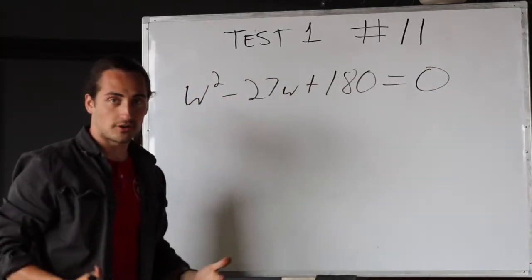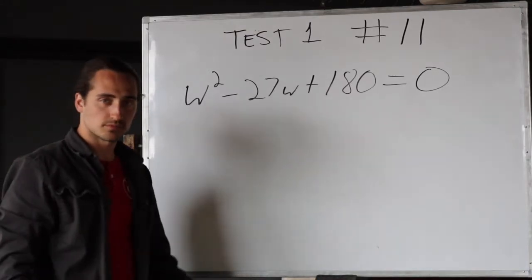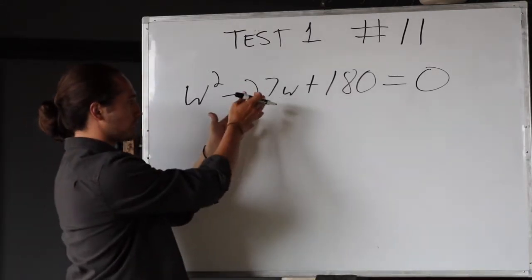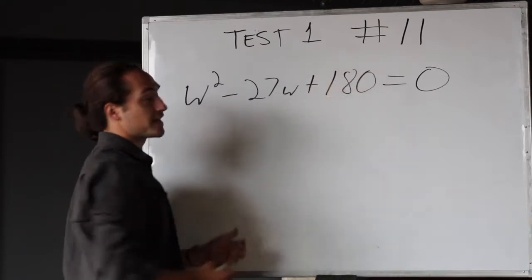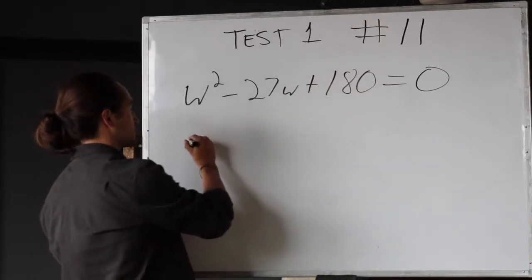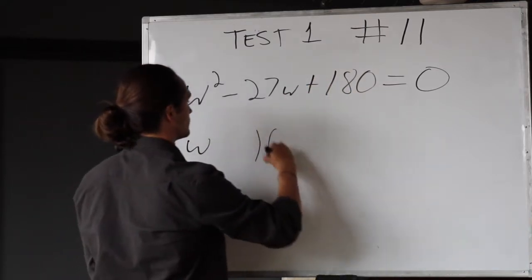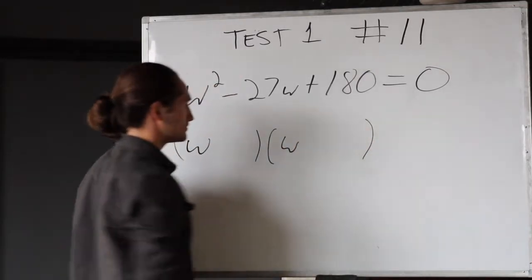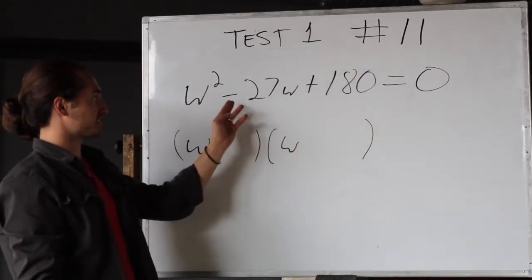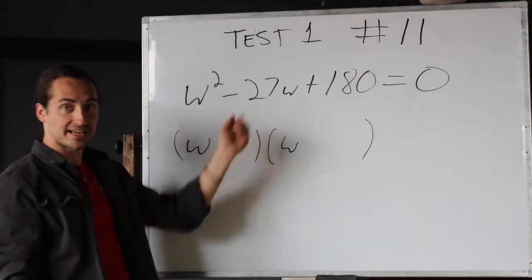I then have to solve for W. So the way we do this is say, all right, what multiplied is going to get to 180? So I know it's going to be W and W. I then see that this is a negative, so I have to add up to negative 27.